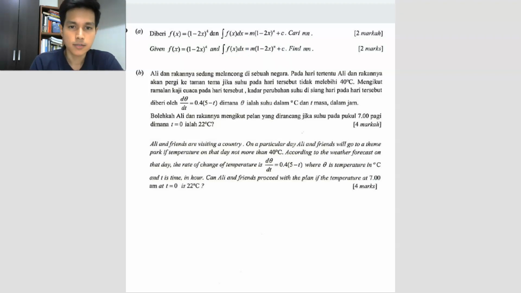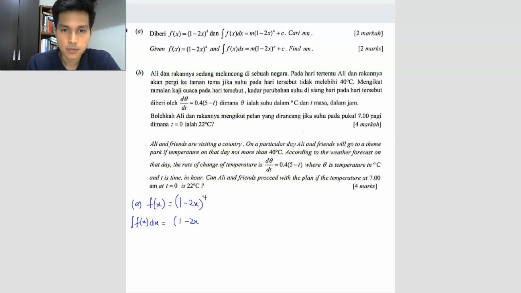So let's see. Question A, you have f(x) equals (1 minus 2x) to the power 4. So if you integrate f(x) dx, there's a shortcut, you don't have to expand this. The shortcut is 1 minus 2x, the power here you're going to plus 1 and then bring the number down, so 5 down here.